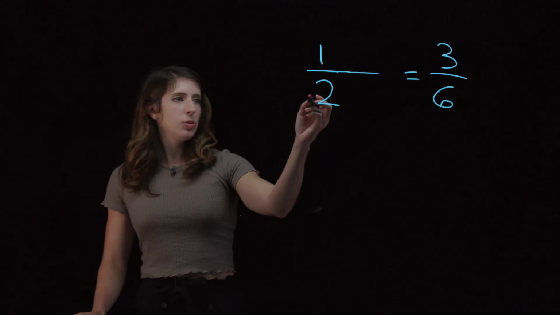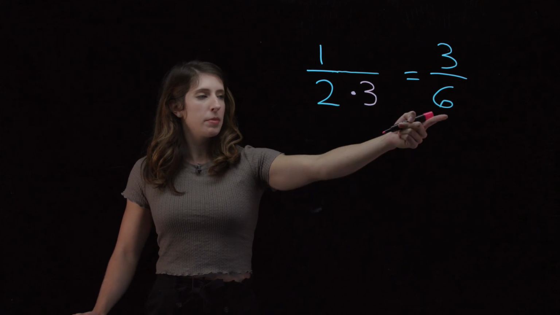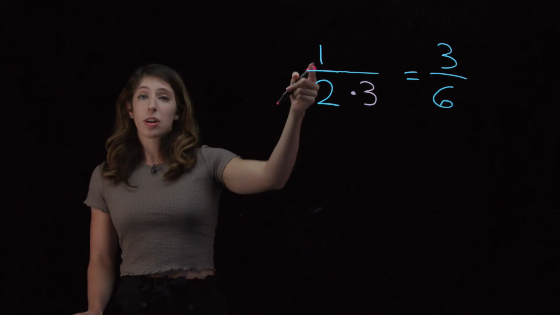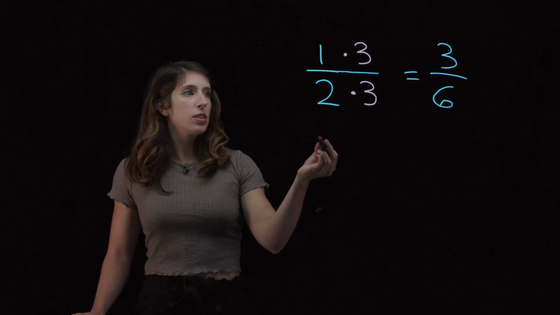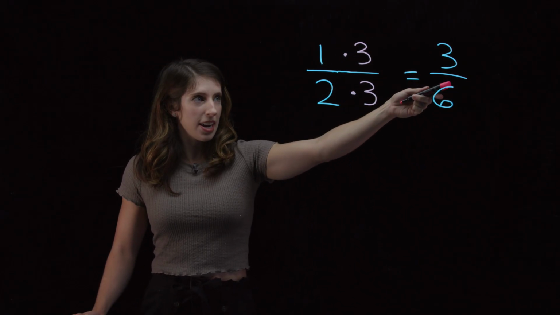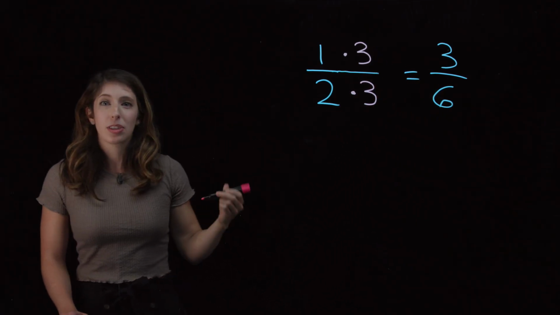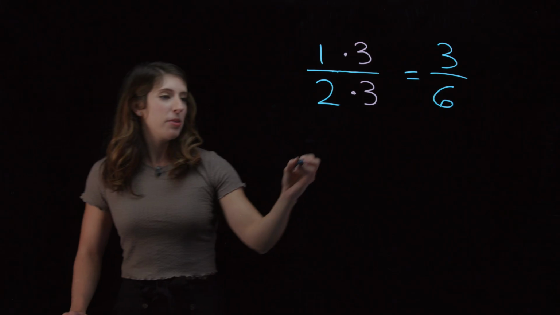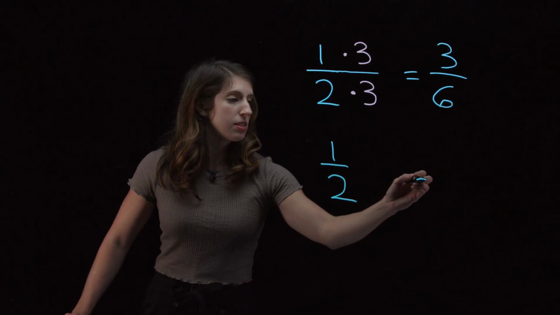So the original 2 slices times 3 gives us our new denominator, or 6 total slices, and our original numerator of 1 times 3 gives us our new numerator of 3. So note that the numerator and denominator both got multiplied by 3, but there's really nothing special about the number 3. We know we can cut our pizza into really any number of slices we want.